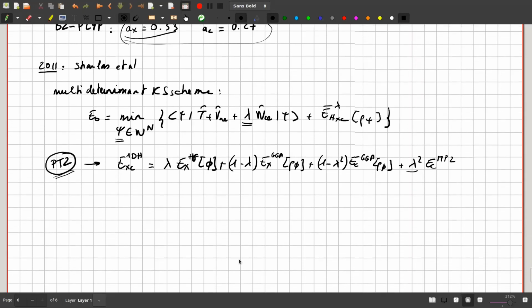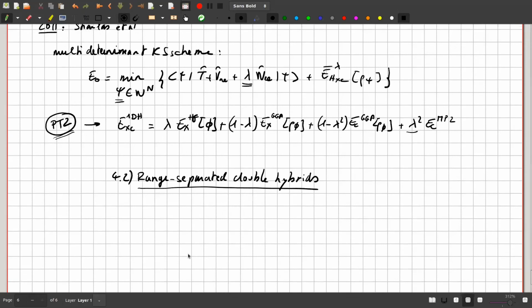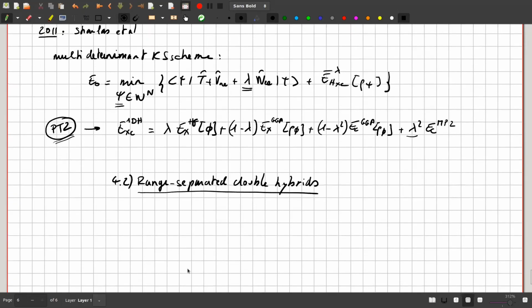And now the last family of approximations are what I will call the range separated double hybrids. Okay, and so that was really a multi-determinant extension of the Kohn-Sham scheme that was proposed by Andreas Savin in 1996 in the present form.